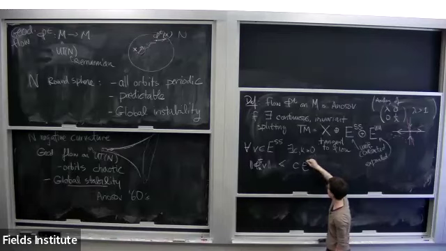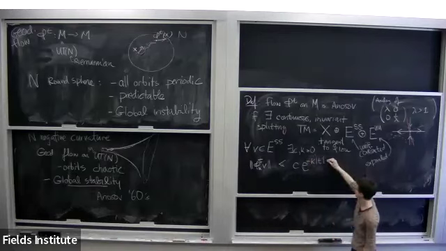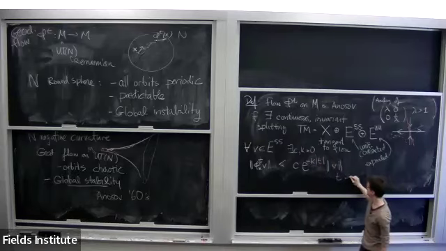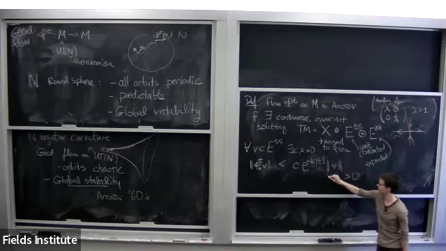A big negative thing to make it smaller, minus K t, times the norm of v. All right, and this is for all t greater than 0.